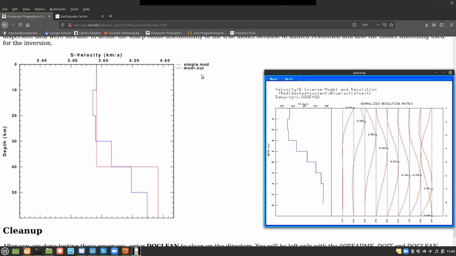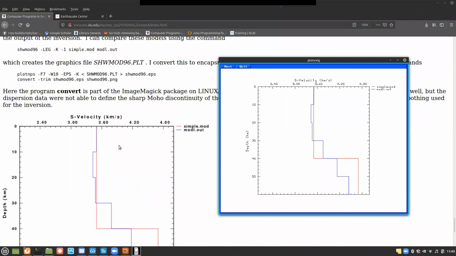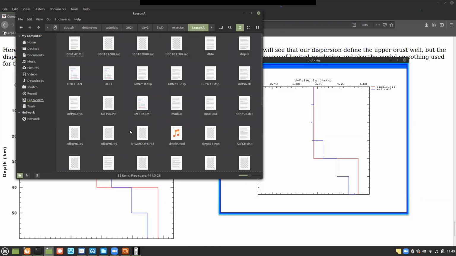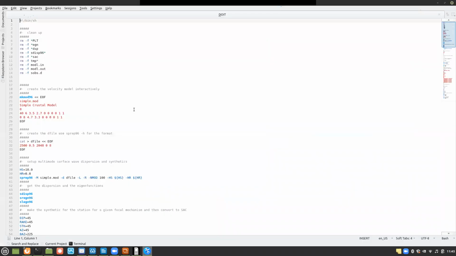Then you can compare your initial model. You remember we gave, where is this again? Yeah, so look at all the things it generated. I wanted to show you this. Here, this is our starting model, okay?